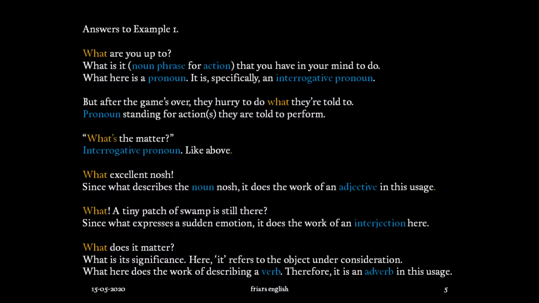As you can see, what here does the work of describing a verb. To matter is to be of significance, to mean something, to have importance or weight. What here describes this verb matter. Therefore, as a word which describes a verb, it can be tagged as an adverb. It is an adverb in this usage.